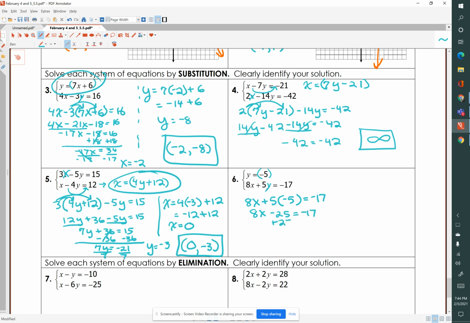Then I'll add 25 to both sides of the equation to get 8x equals 8. And of course, x equals 1.